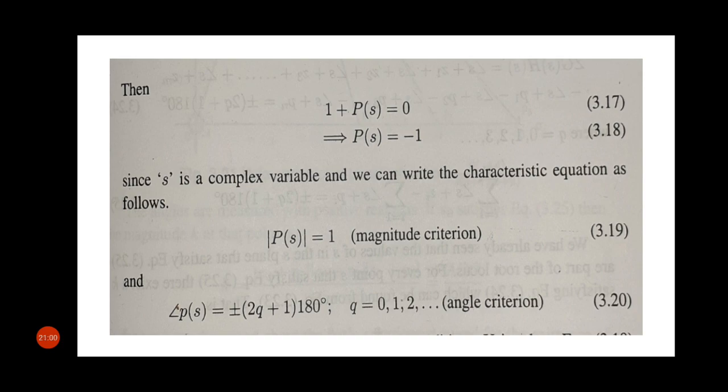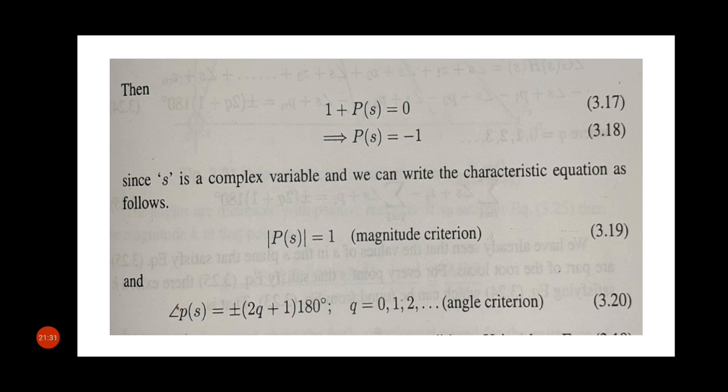Since s is a complex variable, we can write the characteristic equation as follows. That means the magnitude is equal to 1. This is the magnitude criteria: mod of P(s) equal to 1. And another one is the angle criteria. That means angle of P(s) equal to plus or minus (2q plus 1) into 180 degrees, where q is equal to 0, 1, 2, 3 and so on.